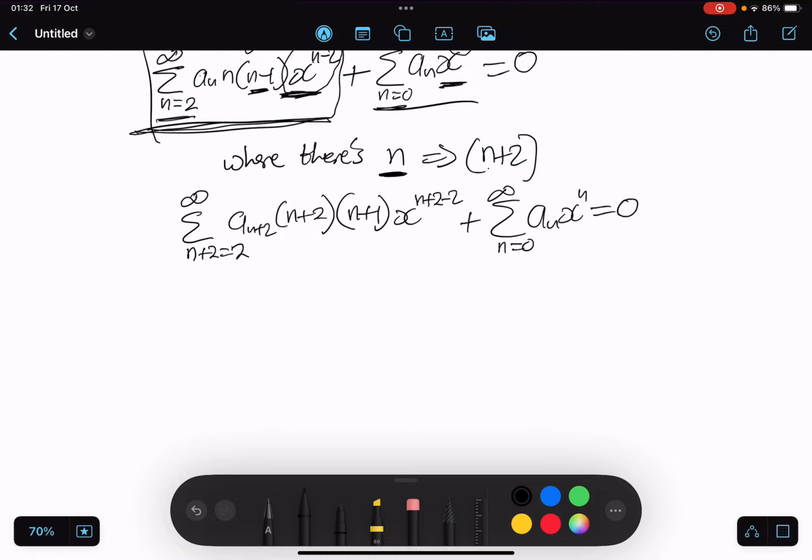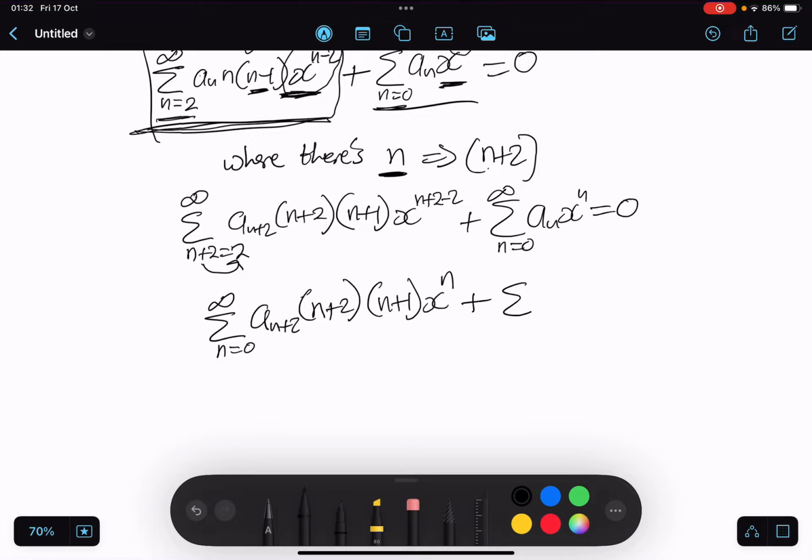Now if I simplify this, the summation from n equals 0 to infinity of a_(n+2)(n+2)(n+1) x^(n+2-2), and 2 minus 2 is 0, so x^n, plus a_n x^n equals 0.